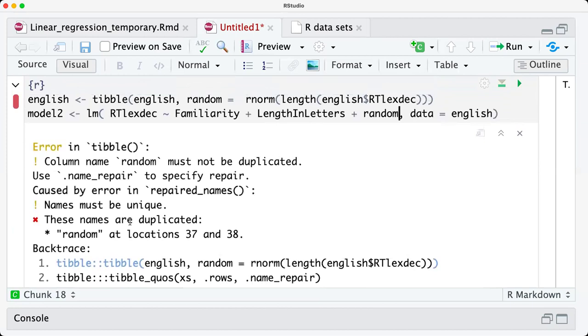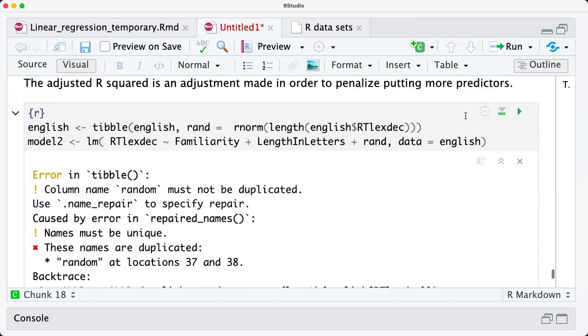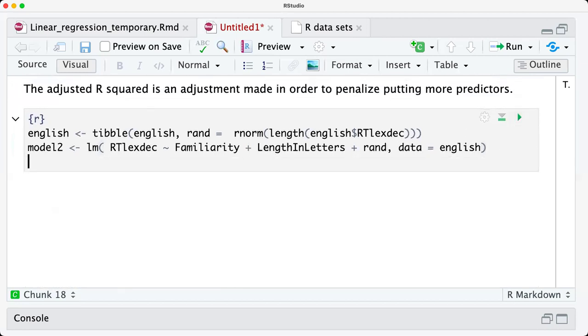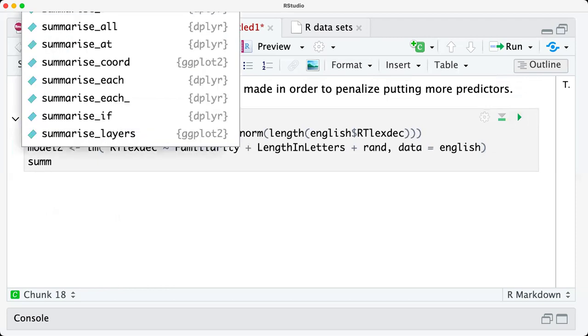Names are duplicated. Okay, maybe rand. Okay, now I can summarize the model.